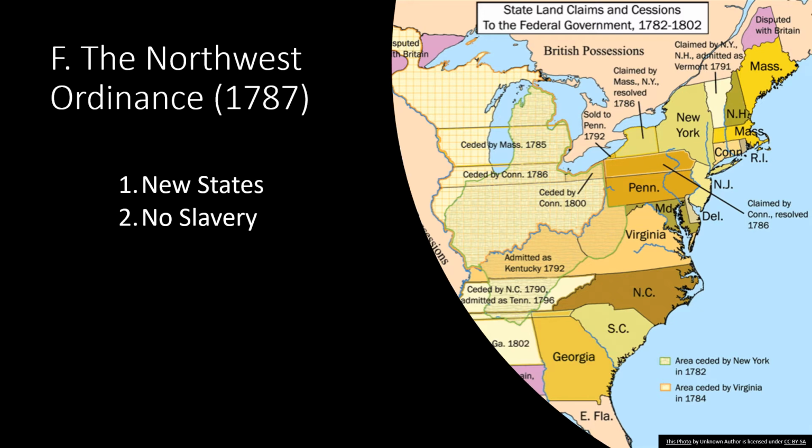When the population of a territory reached 60,000, the people could request admission to the Union as a state on equal terms with the original 13 states, provided the new state adopted a Republican constitution. The Northwest Territory later formed the Midwestern states of Ohio, Indiana, Illinois, Michigan, Wisconsin, and part of Minnesota. It also barred slavery from this territory, which meant that the 5 new states could enter the Union as free states rather than slave states.